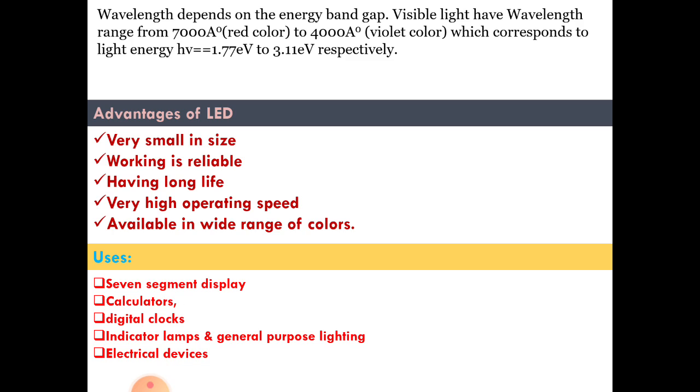We can get a variety of colors from the LEDs. Uses of LED are seven segment display, calculators, digital clocks, indicator lamps and general purpose lighting, electrical devices. In all these we can use LEDs.